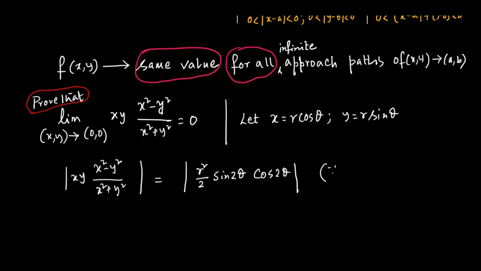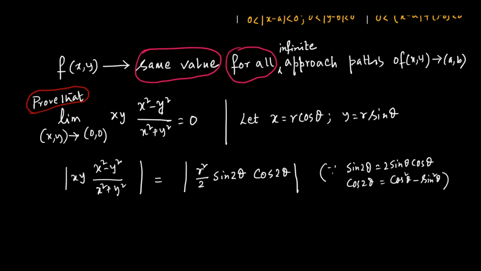Why? Because we know that sine 2 theta is equal to 2 sine theta cos theta, and cos 2 theta can be written as cos square theta minus sine square theta. Am I right or not? Okay.